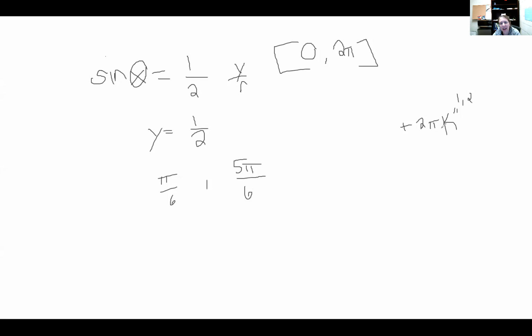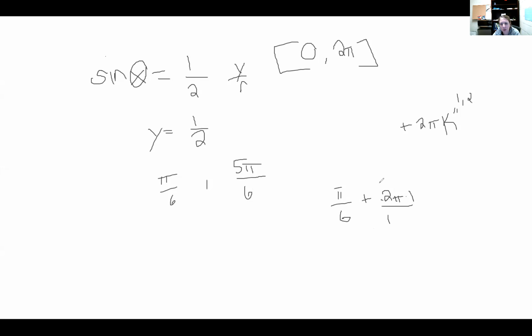Now let's say I wanted other answers. I wanted more. Let's say I wanted 6 possible answers. What you would do is take pi over 6 and add 2 pi k, and then you can put in a value for k. Let's just use k as 1, so that's just times 1. So you're saying pi over 6 plus 2 pi. Well, we know this is understood over a 1, right? So how do I get the same common denominator?